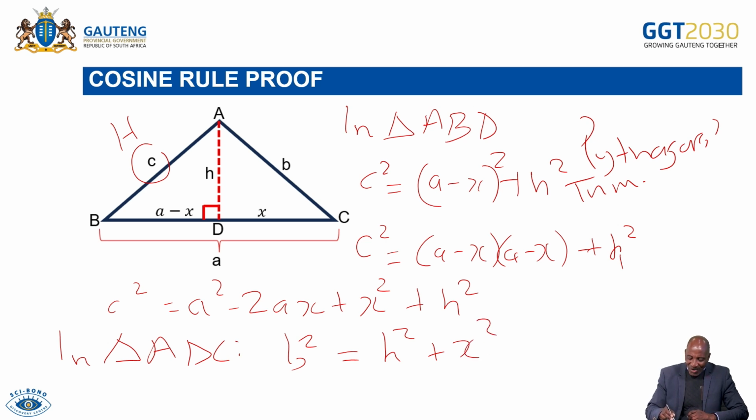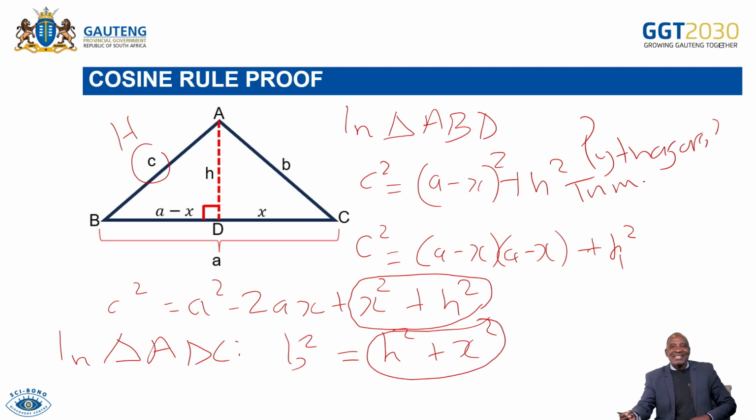Oh, wow, look at this. We can replace that. X squared plus H squared is the same as B squared. That's what I'm noticing here.